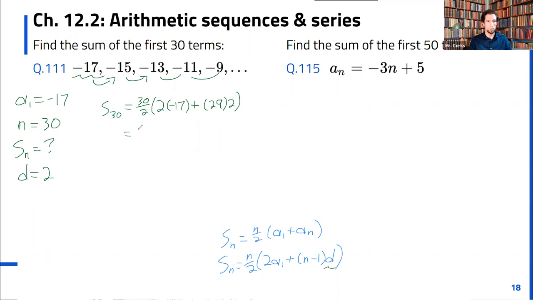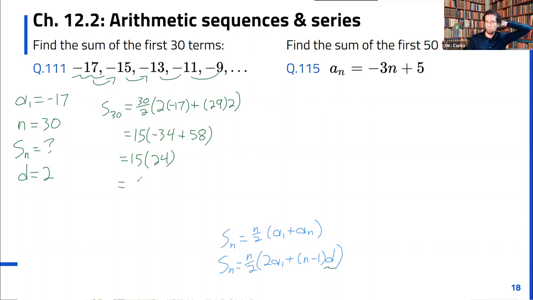Okay, and we just want to solve this. 15 and -34 plus here 29 times 2, 58. 15 times -34 plus 58. What is that? 24. Okay, so 15 times 24.